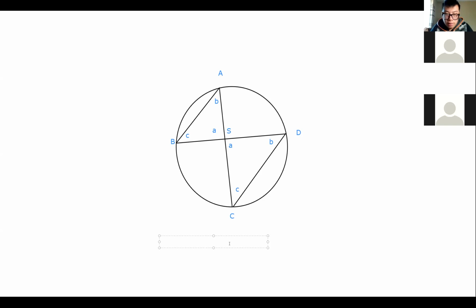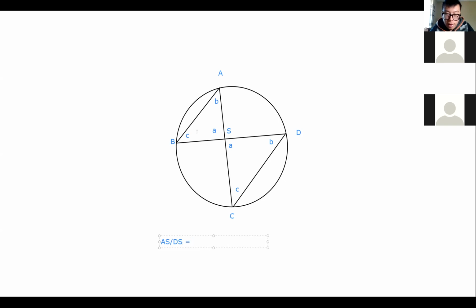The way we do that, let's take side length AS. This side length will have to correspond to this side length right here, DS. What I mean by correspond is that if you compare these two triangles, the ratios between these side lengths are equal to each other.